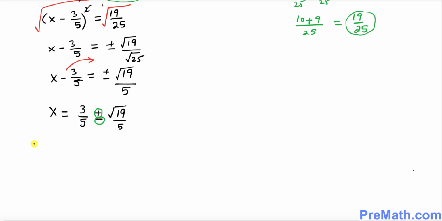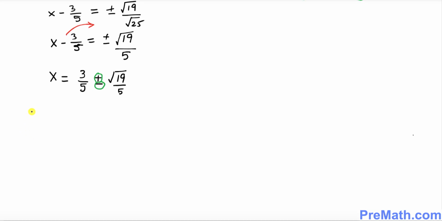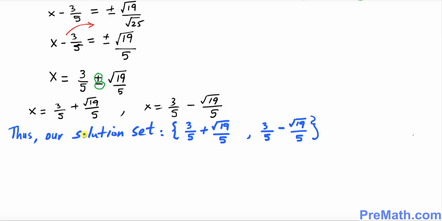So one of our solutions is going to be x equals 3/5 plus square root of 19 over 5, and the other solution is going to be 3 over 5 minus square root of 19 over 5. So thus our solution set turns out to be 3/5 plus square root of 19 over 5, and the other one is 3/5 minus square root of 19 over 5.